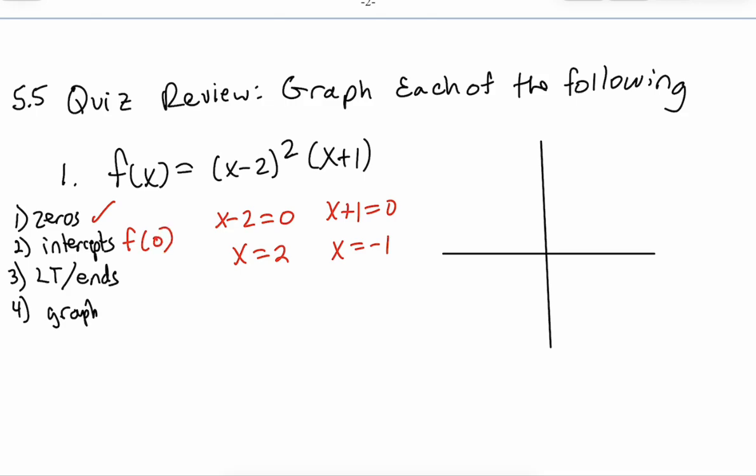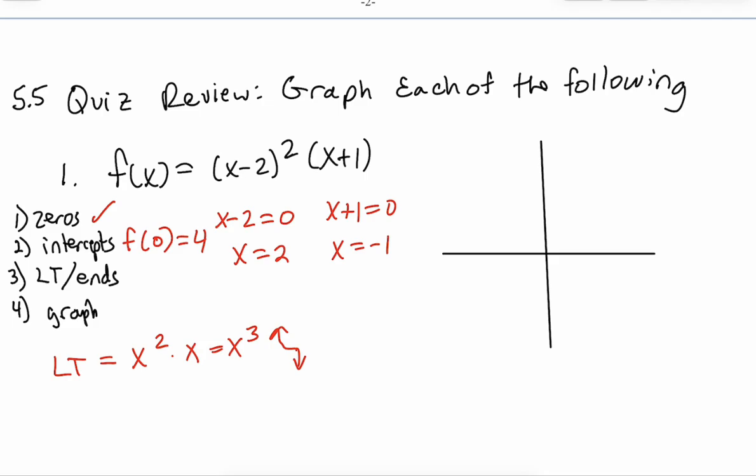If you plug in 0, you actually get 4 times 1, or you get 4. Here, for our lead term, when it's in factored form, you have to pull out the x's and any powers on the outside, and any coefficients. So x squared times x, or x cubed, which means the left end is going up and the right end is going down.